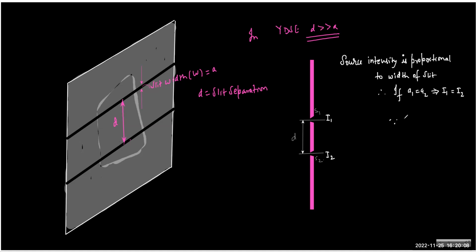And since intensity is proportional to the square of amplitude, so amplitude of wave, let's write it down to avoid confusion.